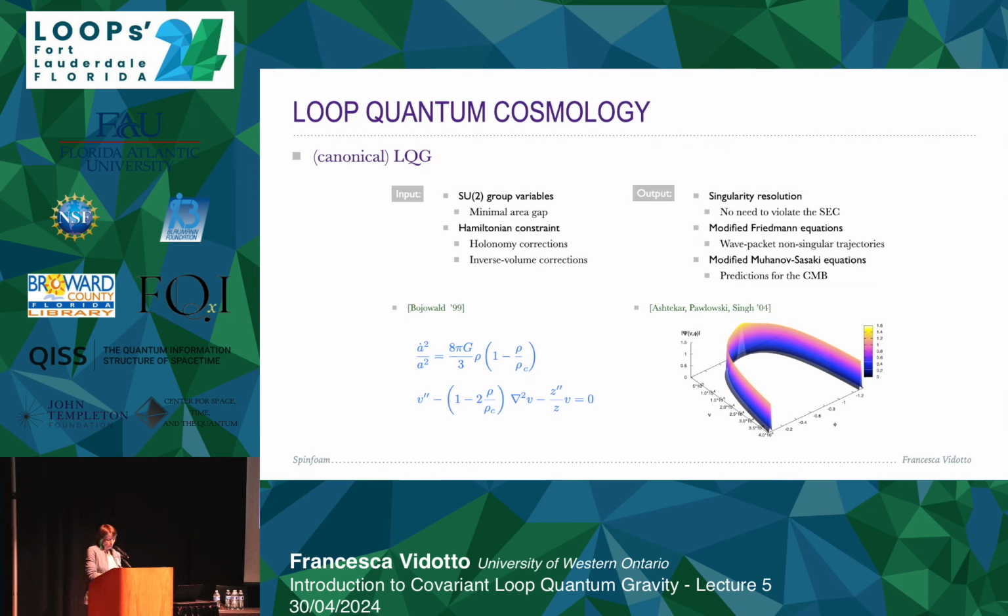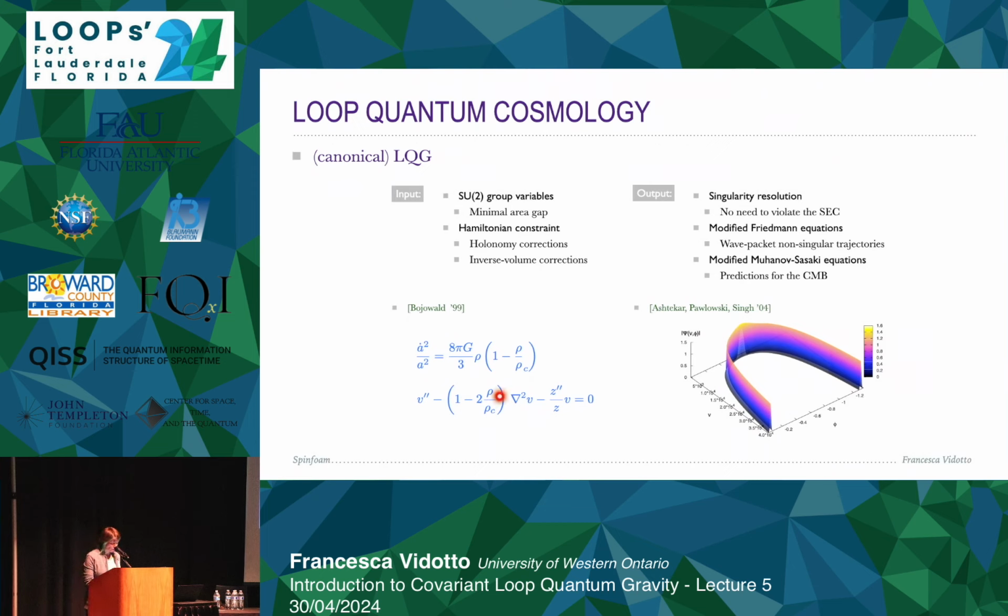And we wanted to match whatever predictions our quantum gravity theory in the deep quantum regime gives with the observations that we have for perturbations at later times out of the quantum regime, namely what we see in the CMB, for instance. So you can write down evolution equations for these perturbations, and those are the Mukhanov-Sasaki equations.